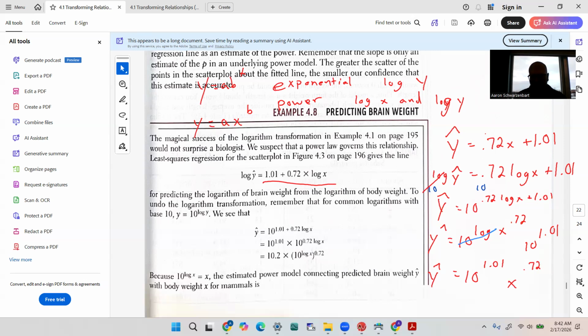And 10 to the 1.01 is 10.2. So whenever you can get a reasonable number out of that, get a reasonable number. That looks like a normal power function, doesn't it?